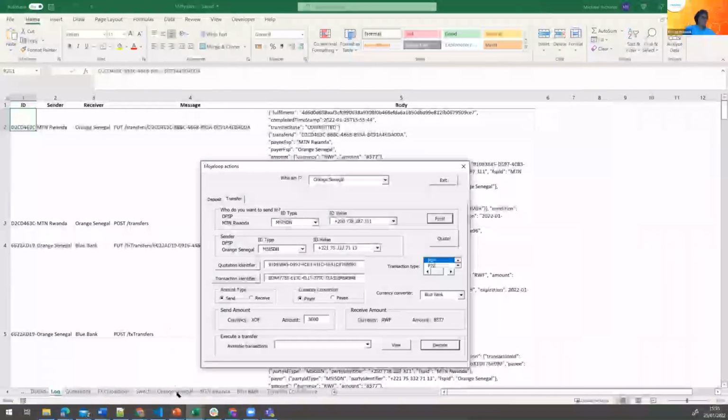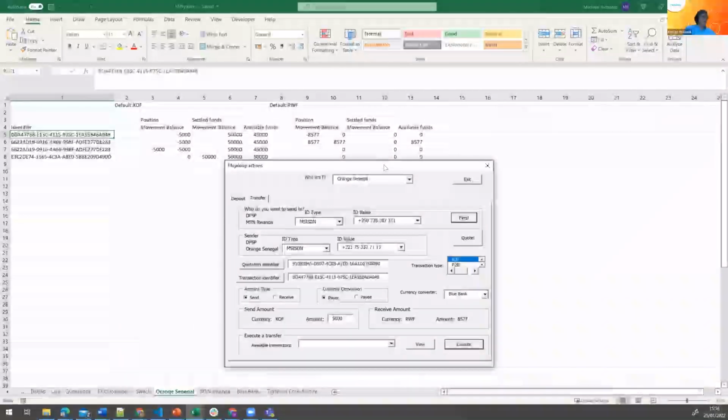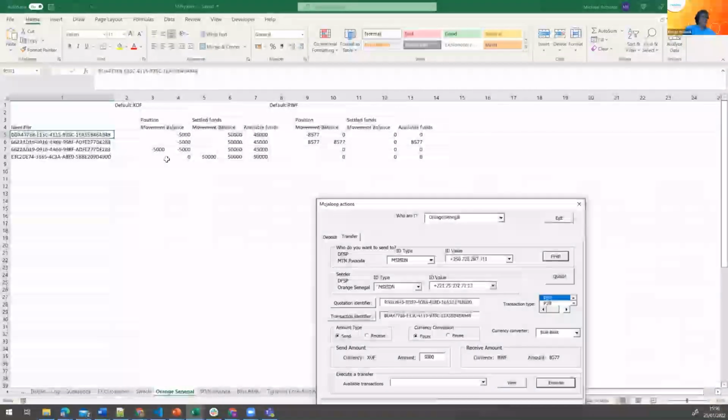Now when we look at the ledgers for Orange Senegal, we can see that it paid out 5,000 West African francs, and that's its balance. That was the funds it had already in there. So the available funds are now 45,000. That is the 50,000 it started with, less the 5,000 it sent.